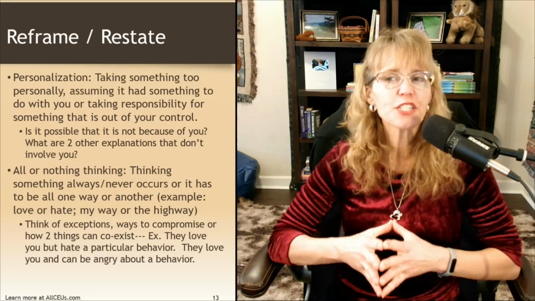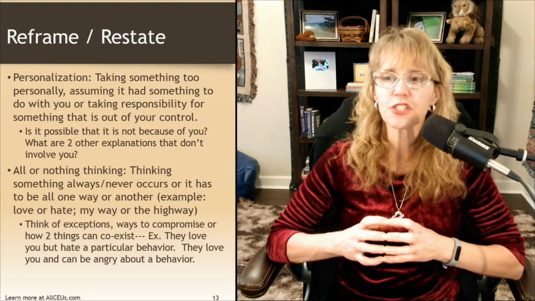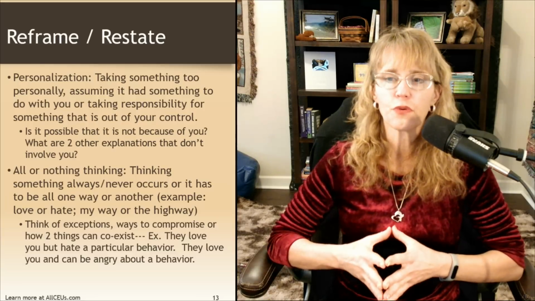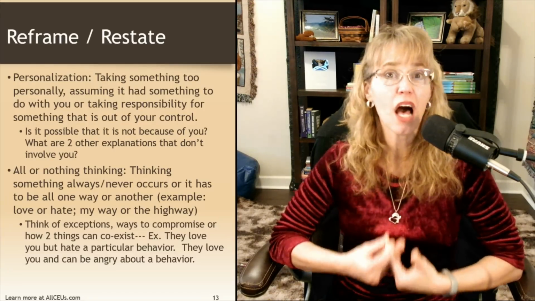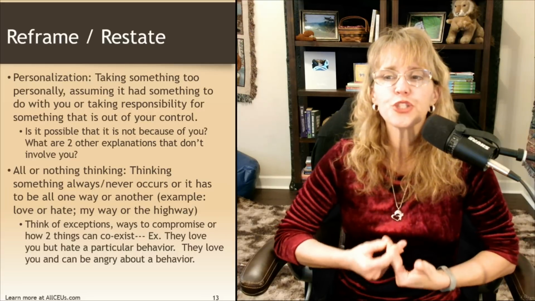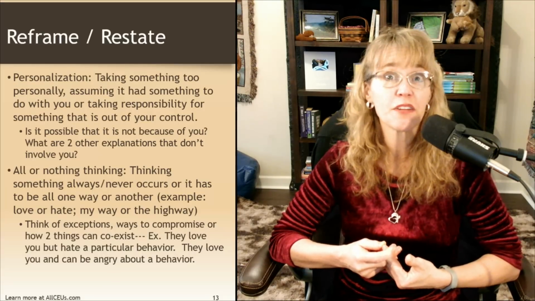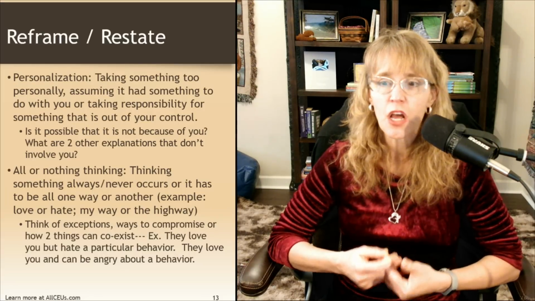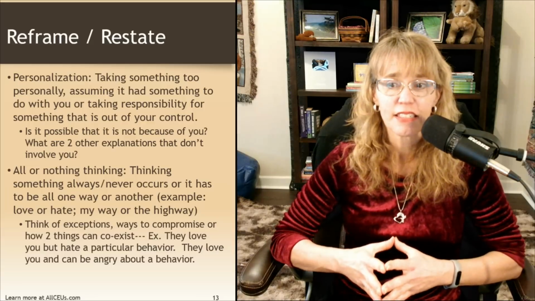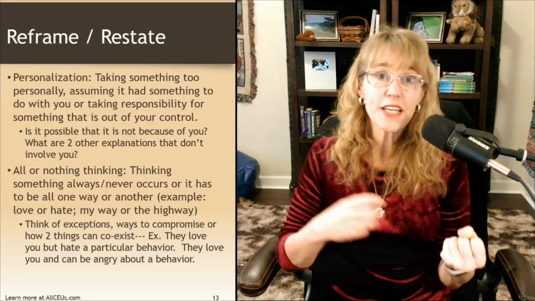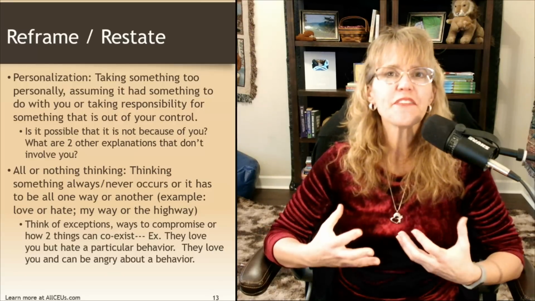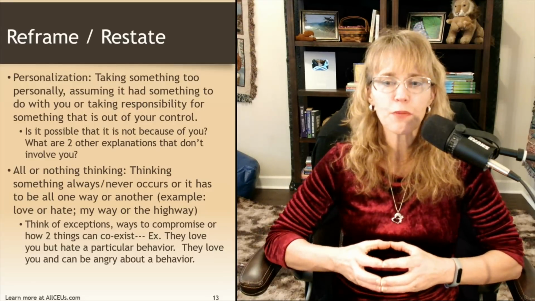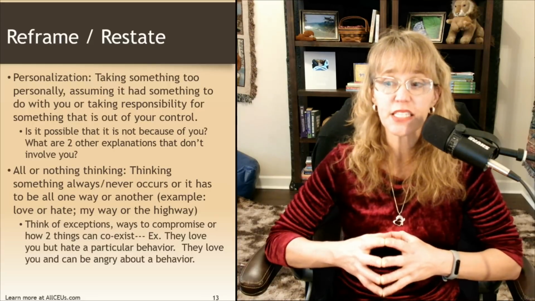So as I said, personalization is taking something too personally. What can you do? Ask yourself, is it possible that it's not because of you? What are 2 other explanations that don't involve you? All or nothing thinking. Instead of thinking it's always or never, or the best or the worst, think of exceptions, ways to compromise, or how 2 things can coexist.